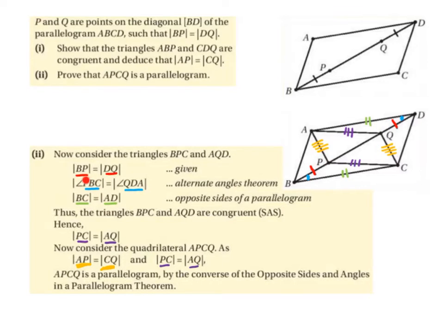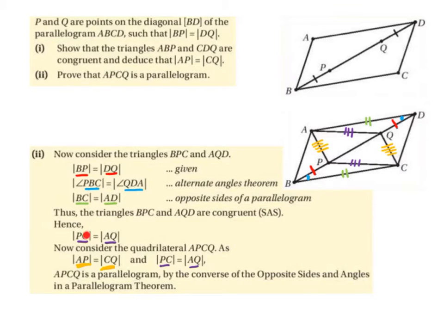The blue angles PBC and QDA are equal. And the green lengths BC and AD are equal. So we end up with side, included angle, side. So we've proven that the two triangles are congruent by SAS.